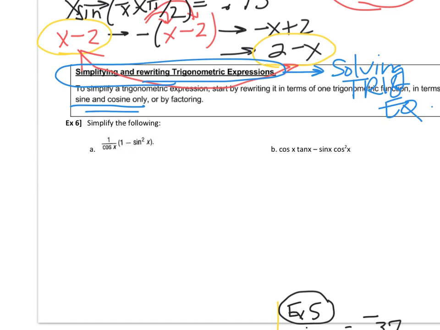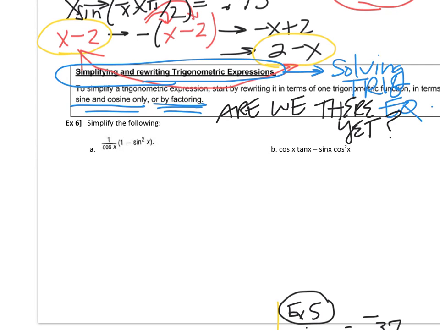We like rewriting things in terms of sine and cosine. We might use some factoring skills. The thing that you're going to be asking yourselves is kind of like when you were a little kid, are we there yet? So don't fret. It's going to be tough here in the beginning because you're going to be like, how do we know when we've simplified it all the way?